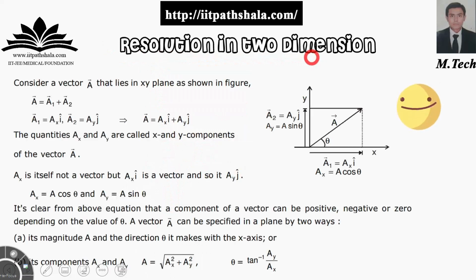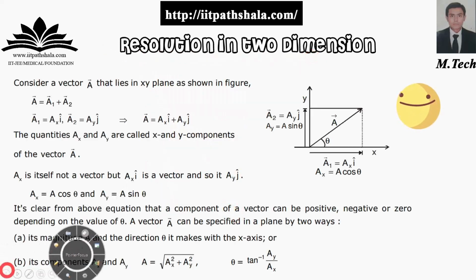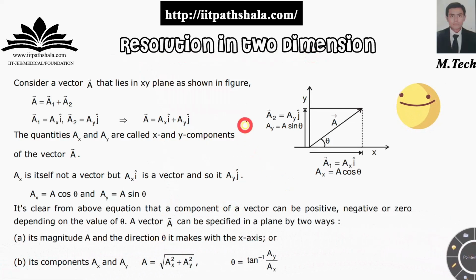Now let us take resolution of vector in two dimensions. So you are having your Cartesian coordinate system, your xy plane, as follows, and you want to resolve your vector a on this. How will you be doing it? As you know, your a vector can be represented as the sum of two other vectors, and these other two vectors must be having a certain value.